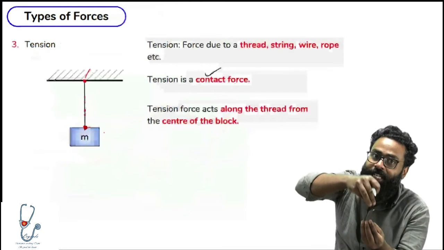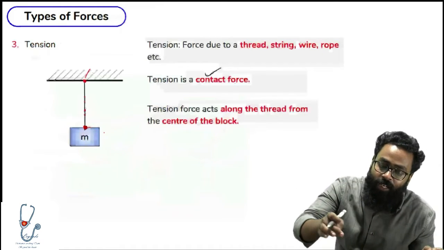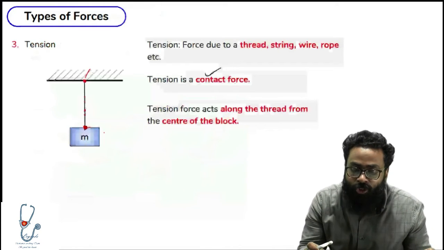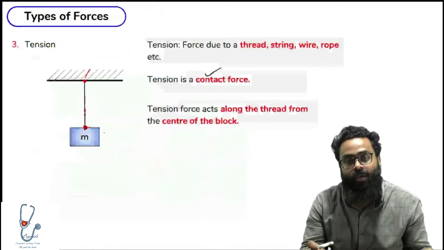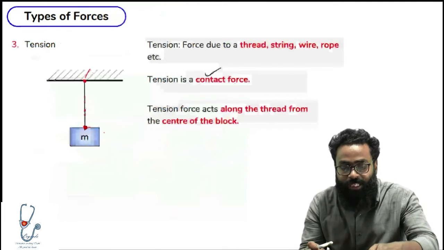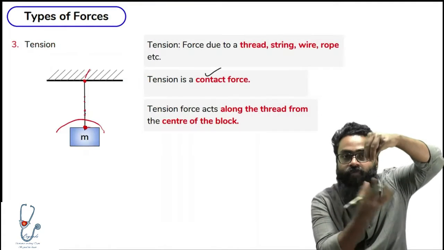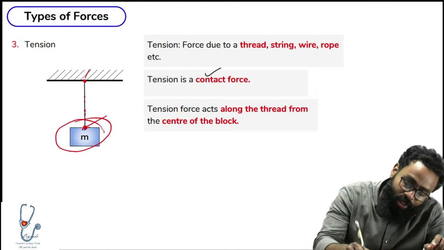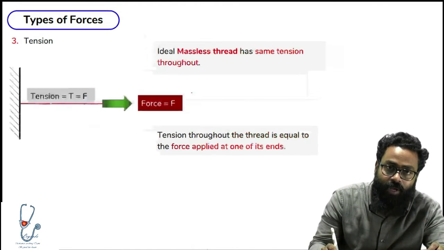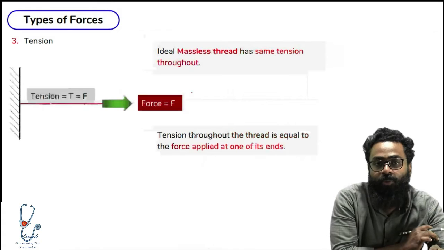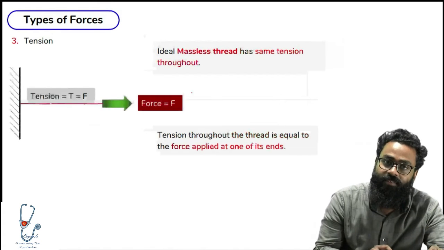Clear that? So tension is a contact force and the tension force acts along the thread from the center of the block. We can see the center of the block. Okay, clear that? And we move to the next slide.